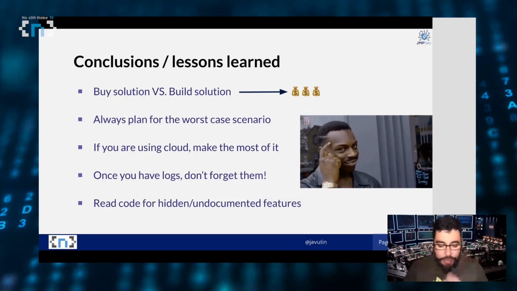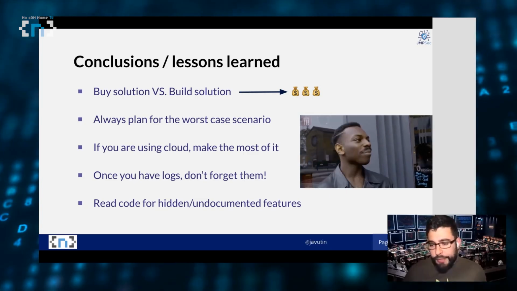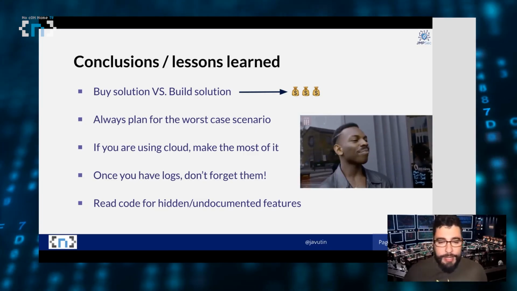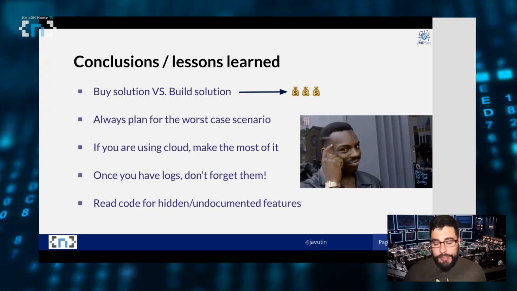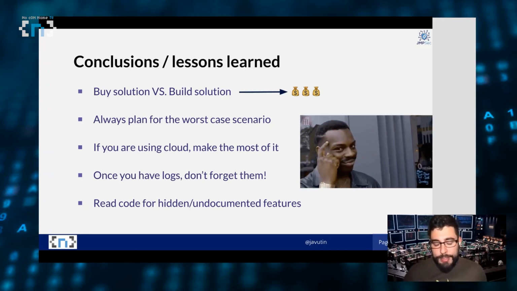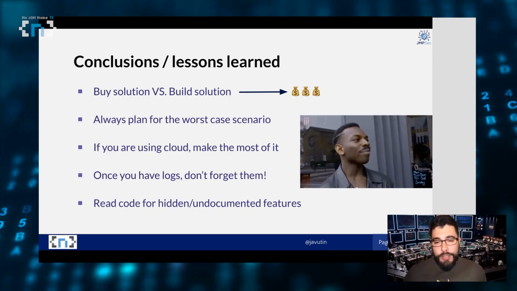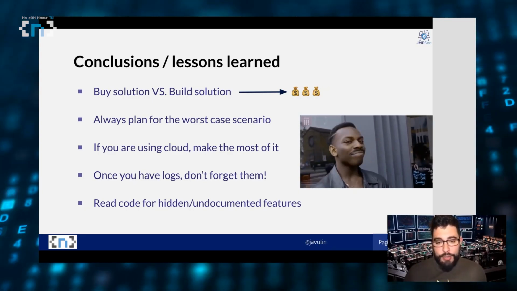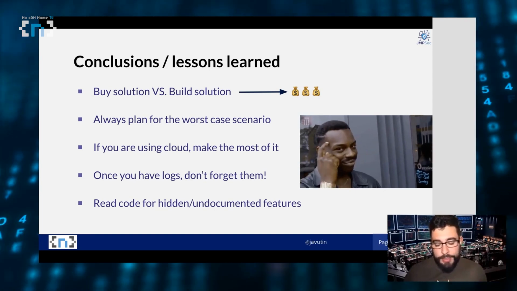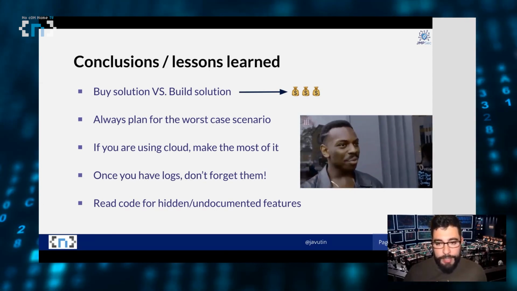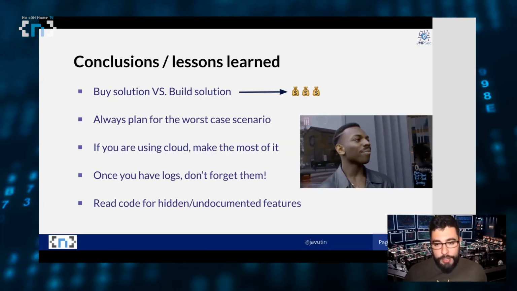But if you're going to use the cloud, make the most of it. Whether it's AWS, Azure, or GCP, they offer elastic instances, things that can scale based on needs. Those will have a cost associated, but if it's critical for the business, you want to make the most of it. So that's a good lesson.